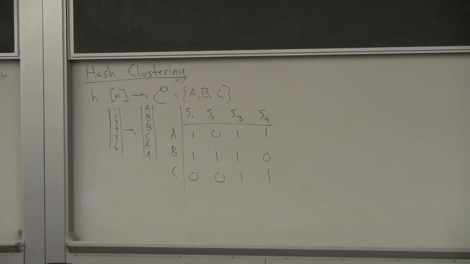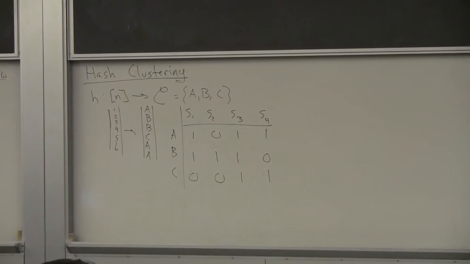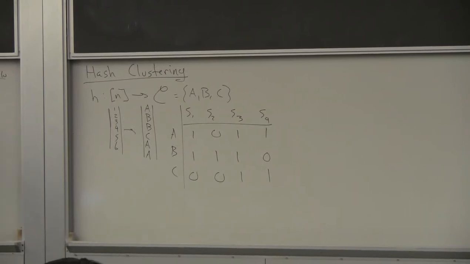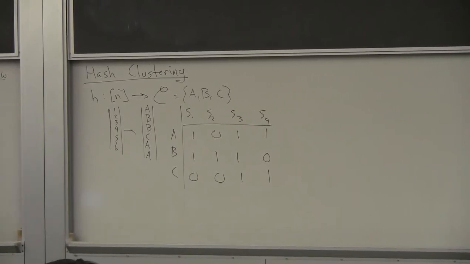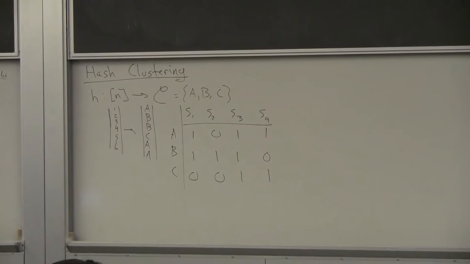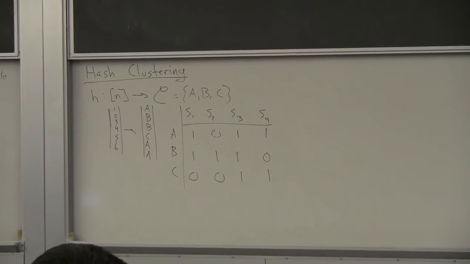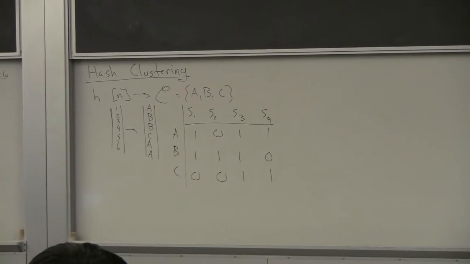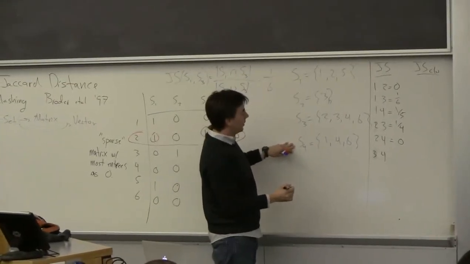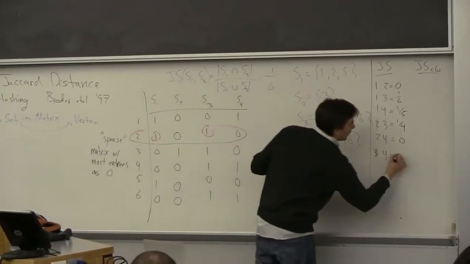Let's see, I messed up my example somehow. This should be 1/6. 1 and 4, this is going to be 1/5. 2/3, 2 and 3, this is going to be 1 out of 4. 2 and 4, 0, and 3 and 4 is going to be 2/5.